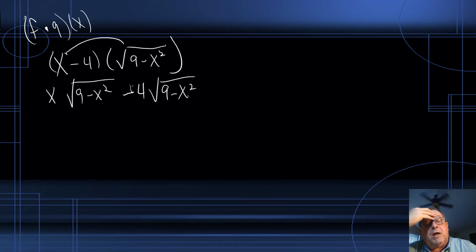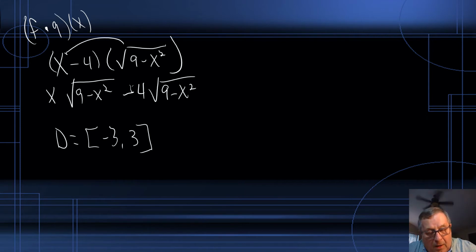And really, it's not changed from anything that we did when we added or subtracted them. And so my domain, using interval notation, is [-3, 3]. Anything between, but including -3, up to and including positive 3, is the domain of f times g of x.